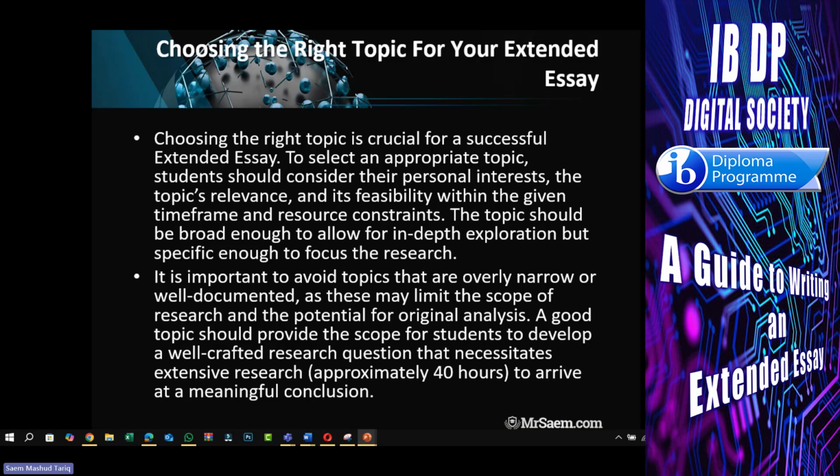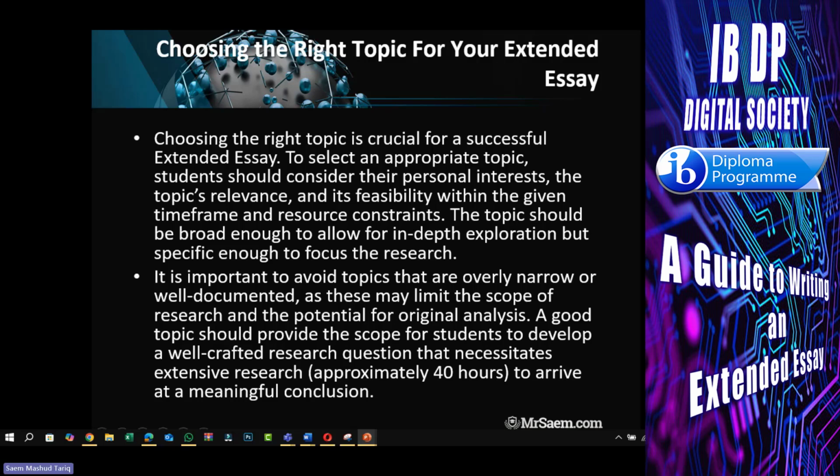Because maybe in English learning you don't really have a lot of information available for that particular topic that you're trying to research on. So it's very important that you choose something जिसमें आपको उसकी information मिल सके. ये very important है.